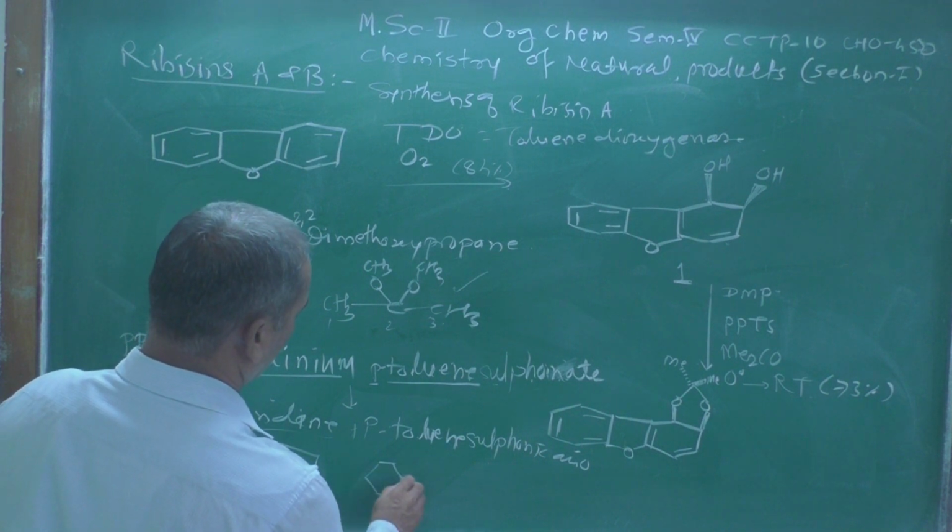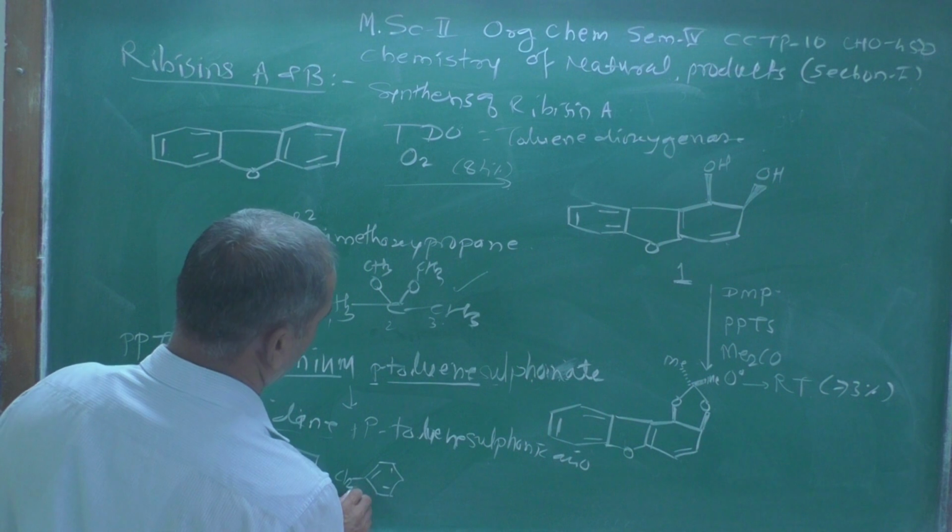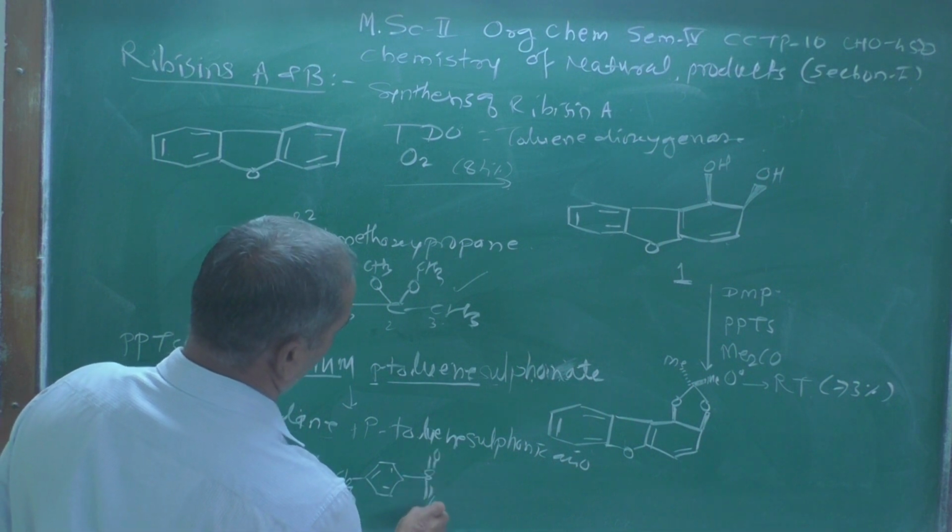As we know, the structure of pyridine is a base, like this, and paratoluene sulfonic acid is CH3, S double bond O and OH.